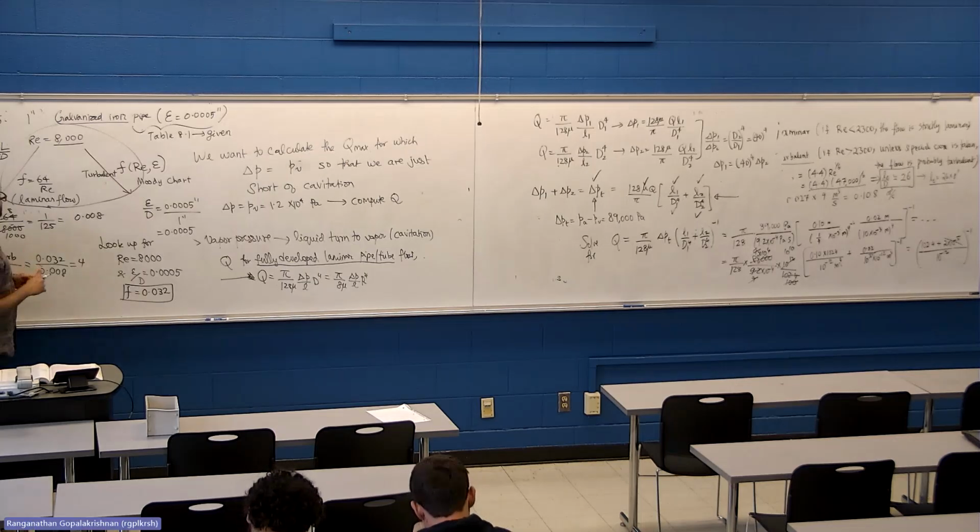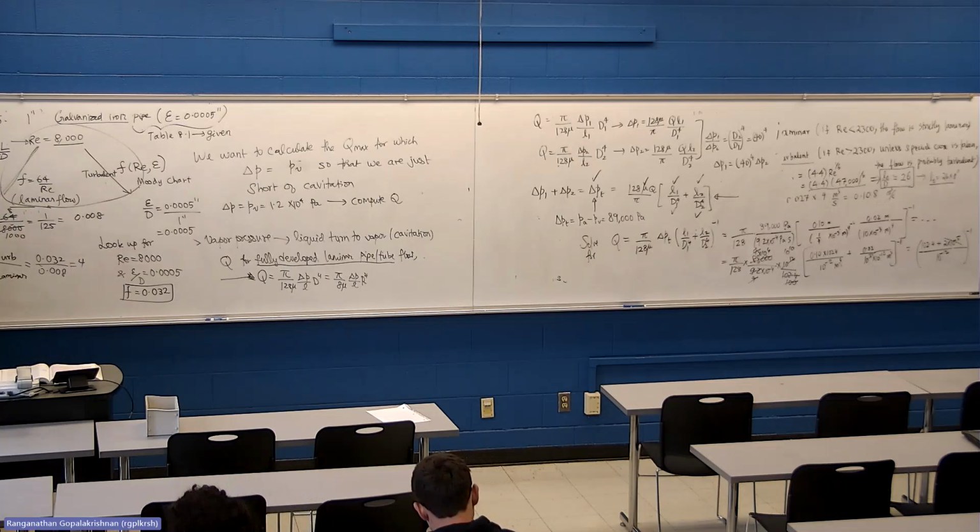So getting the Reynolds number calculation right, then making a decision whether it's laminar or turbulent, then calculating the friction factor either using the laminar formula or the turbulent chart is a crucial part of estimating pressure loss. That makes sense?